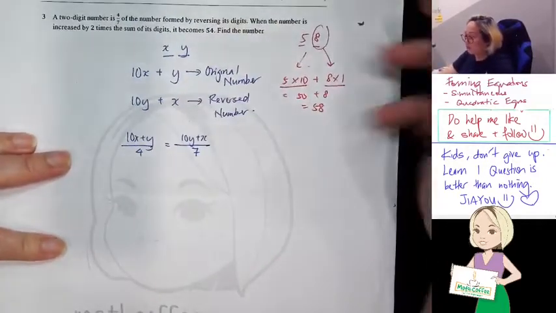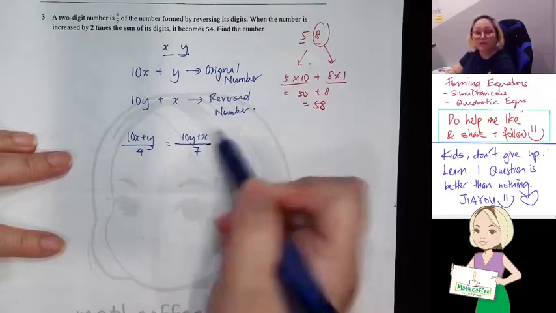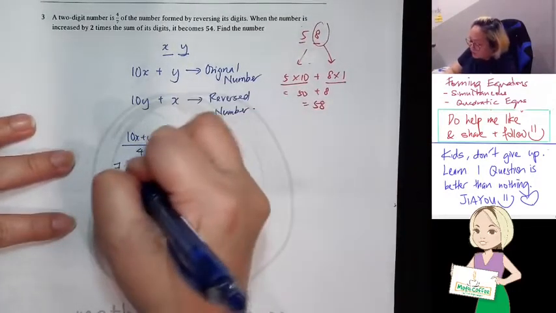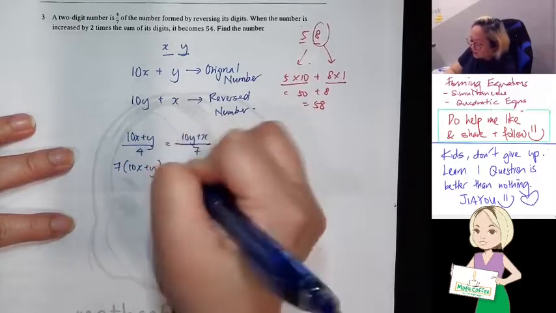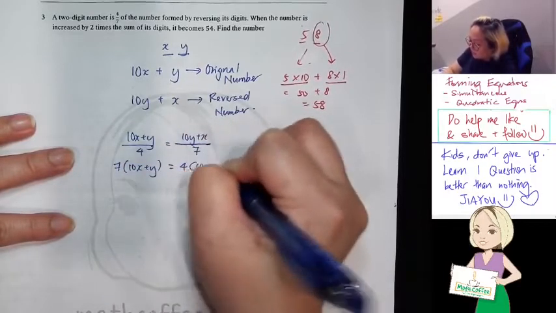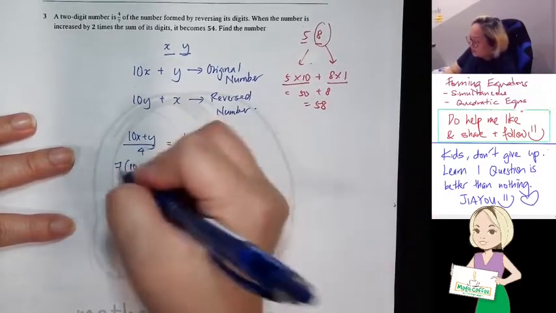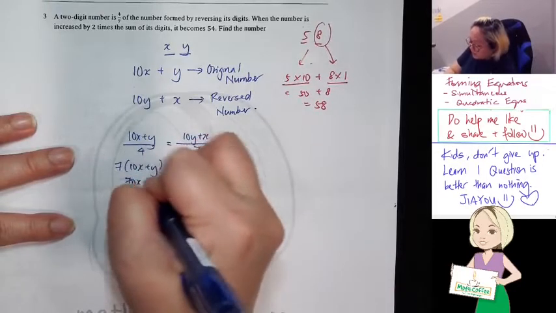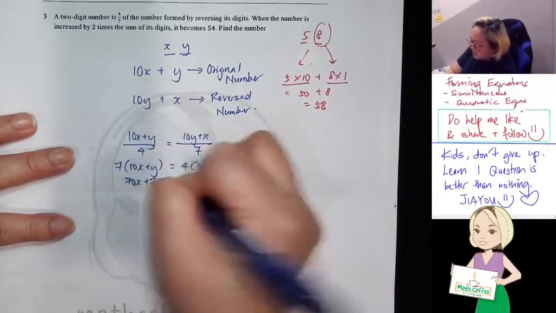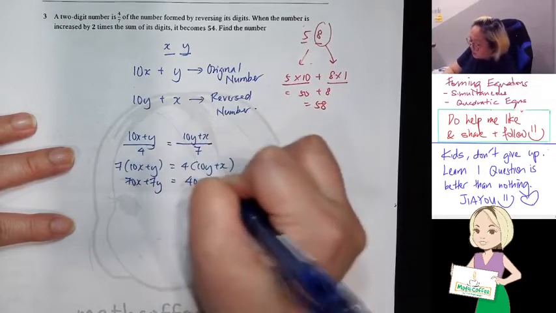So this is how you form the equation. Both sides are already a single fraction, so just cross multiply: 7 times (10x plus y) equals 4 times (10y plus x). So 70x plus 7y equals 40y plus 4x.